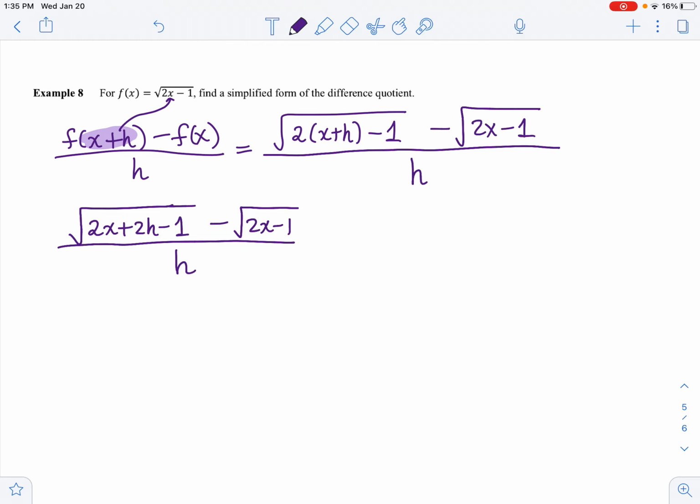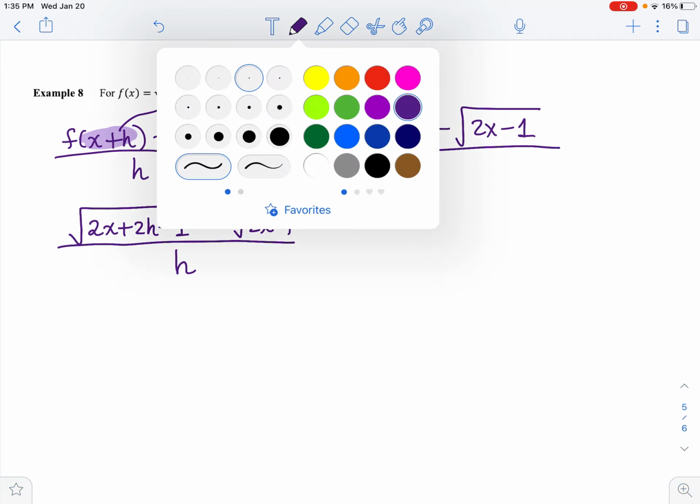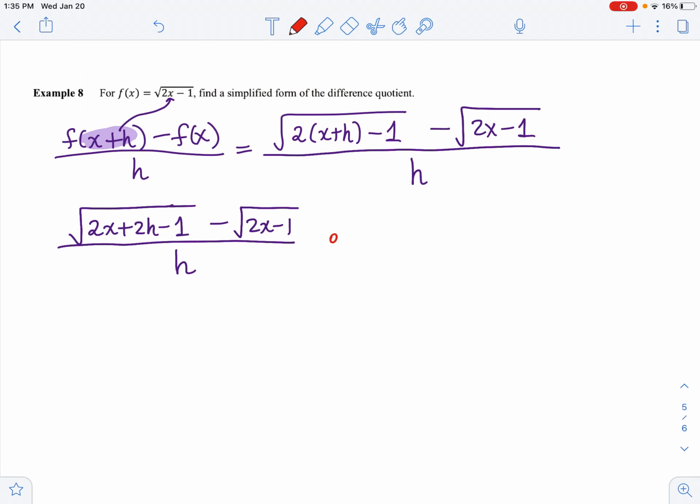We usually rationalize the denominator, but what we are now going to do is multiply the top and bottom by the conjugate of the numerator. Odd, right? So I'm going to multiply the numerator and the denominator by this: square root of 2x plus 2h minus 1, you've seen that guy before, plus square root of 2x minus 1.